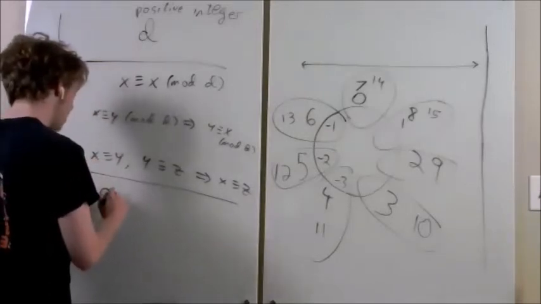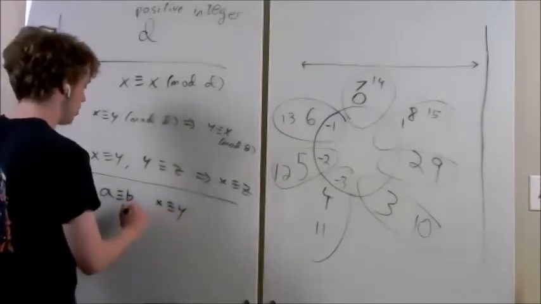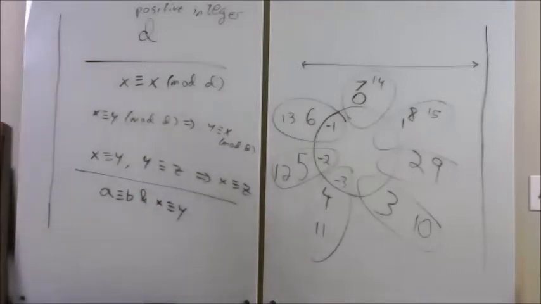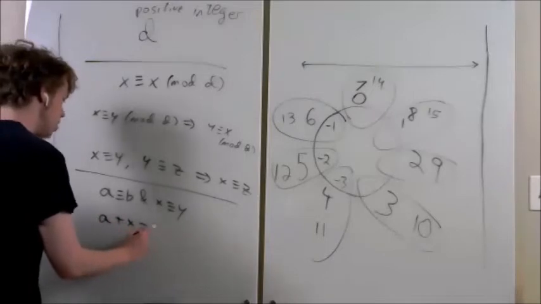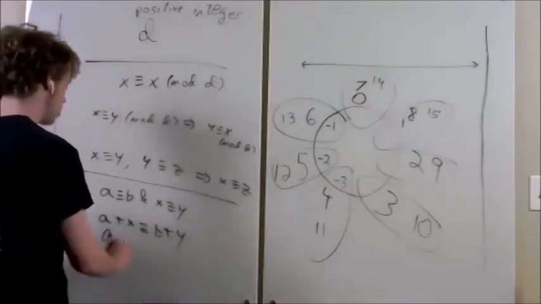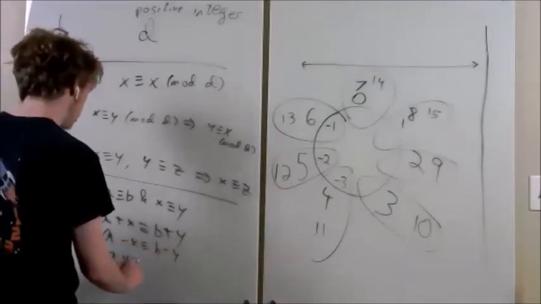And then also, let's say I have 2 things now, a is congruent to b mod d and x is congruent to y mod d. Then it turns out that the sums are congruent modulo d, which is what you would expect if this were actual equality. So this is good. The differences are congruent modulo d. The products are congruent modulo d.